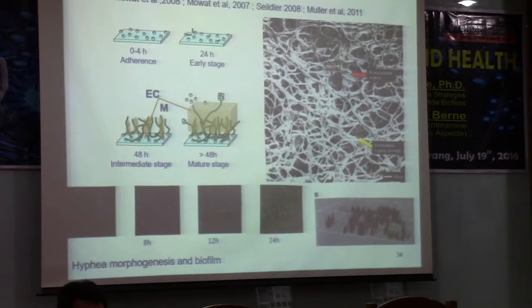So the same steps, but here we have some conidia instead of blastospores. You can see here a biofilm of Aspergillus, showing here the matrix. So you can see here again that this biofilm is a heterogeneous structure.